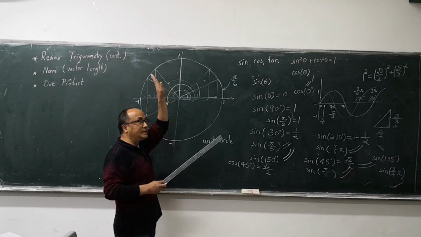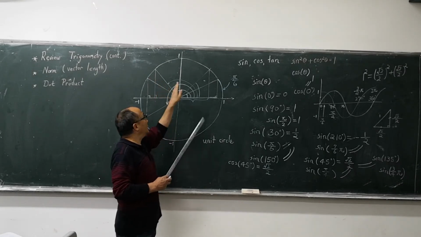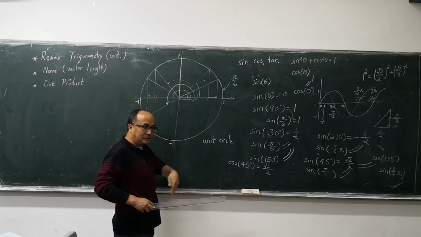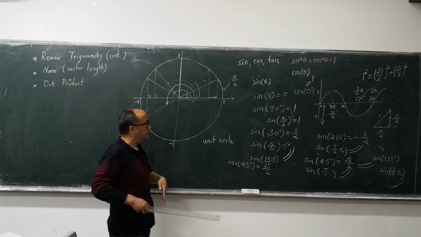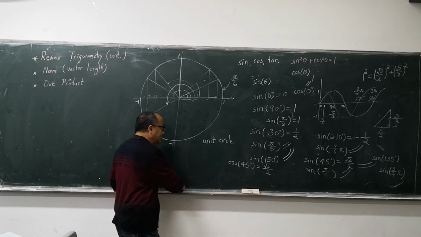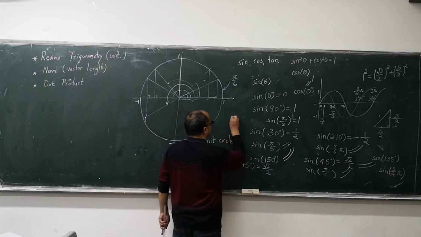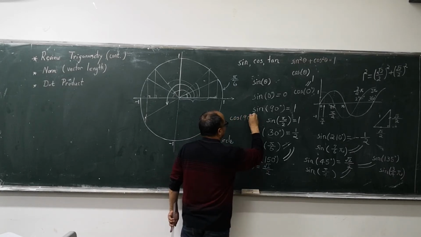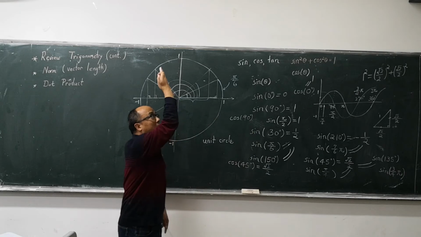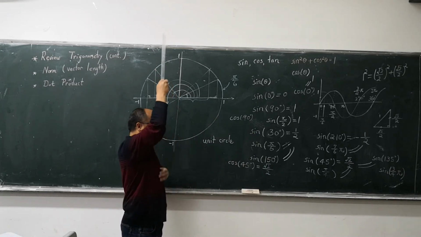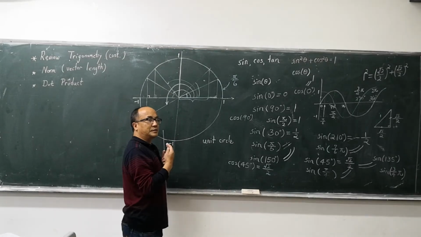So when it's 90 degrees, what's the distance to me? At 90 degrees, the movie screen is right at me, me and the movie screen.